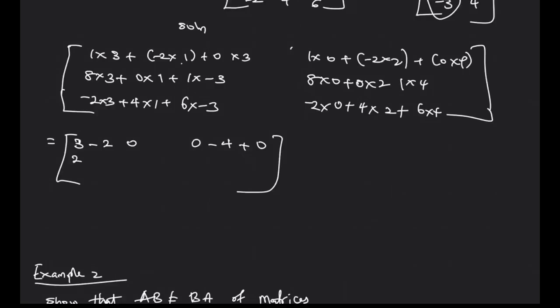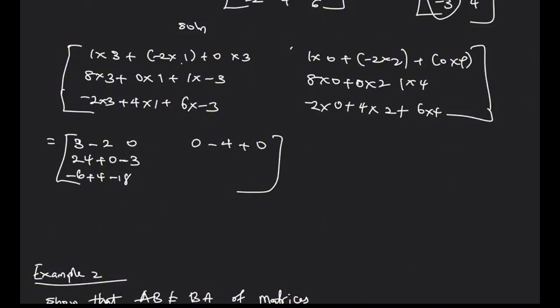So 8 times 3 is 24, plus 0 times 1 is 0, plus 1 times minus 3 is going to give us minus 3. So minus 2 times 3 is going to give us minus 6. Then 4 times 1 is 4. Minus 6 times minus 3 is going to give us minus 18.